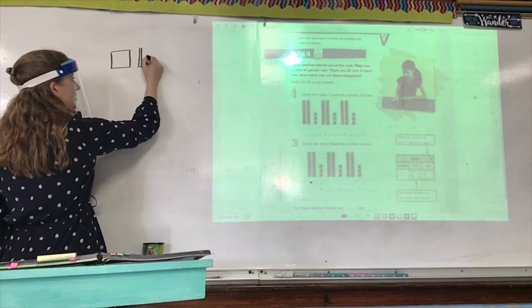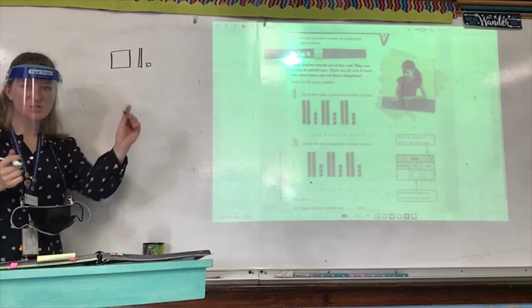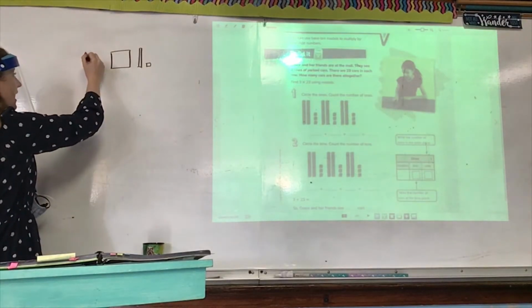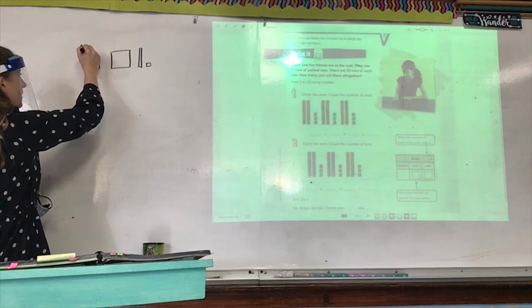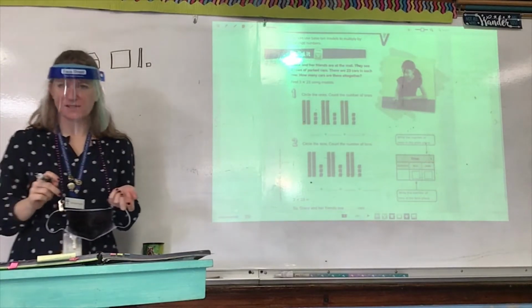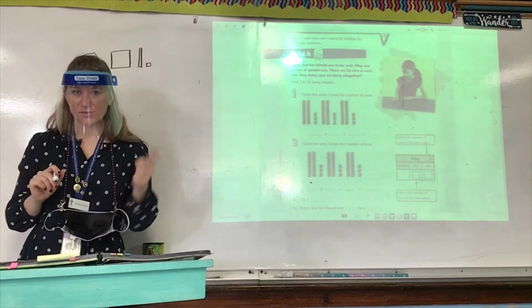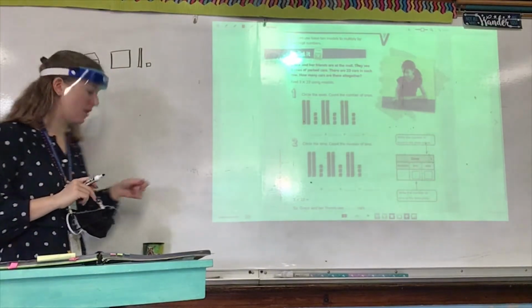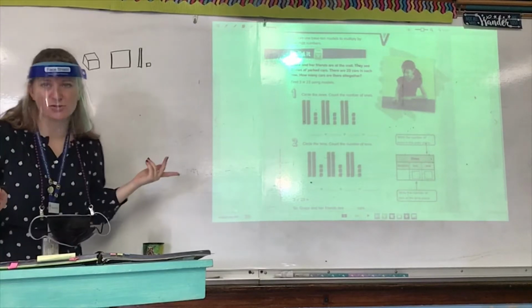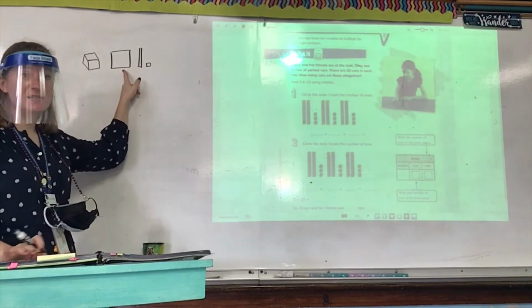And then a ones cube is a little square. Now, thousands cubes we would draw as a cube, but you won't need to draw thousands cubes for this lesson. So is everybody confident on how to draw the base 10 blocks? I'm not even sure if you need hundredths flats, but we know how to draw them. A hundredths flat is a big square.